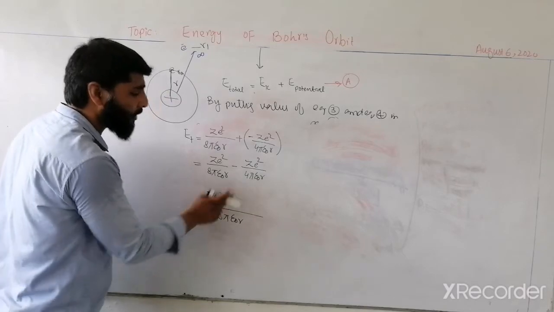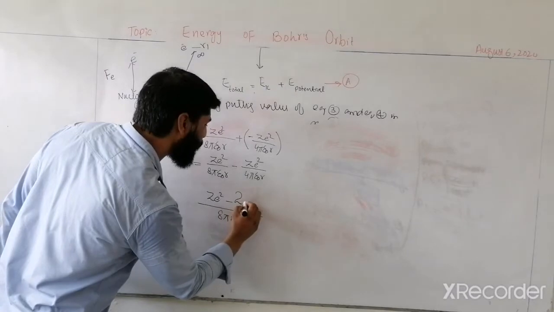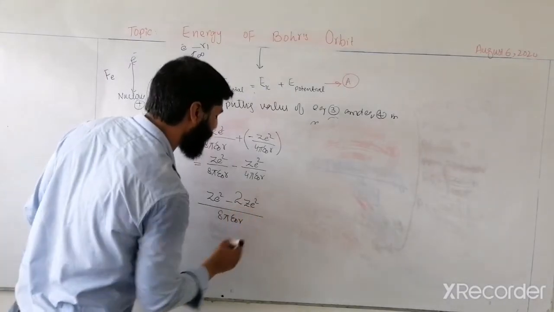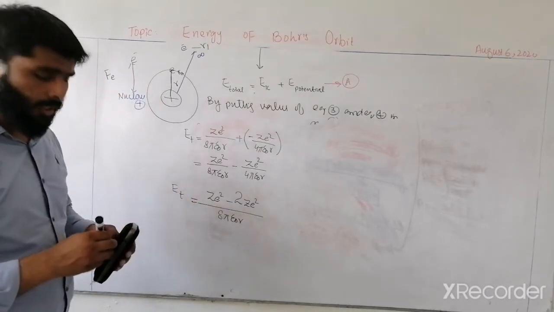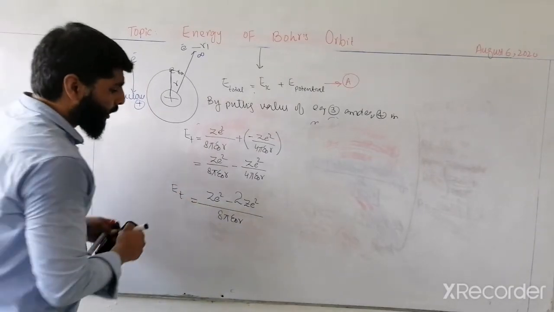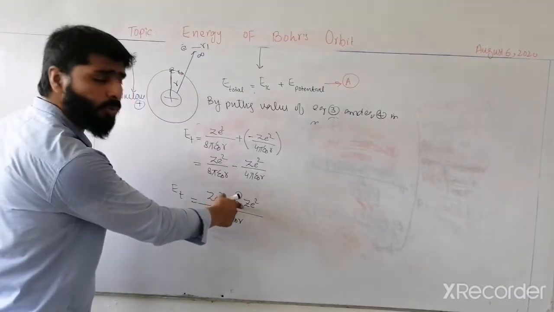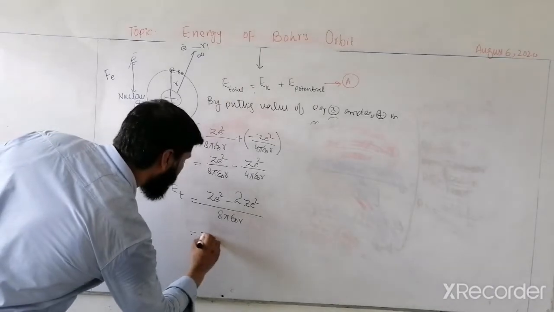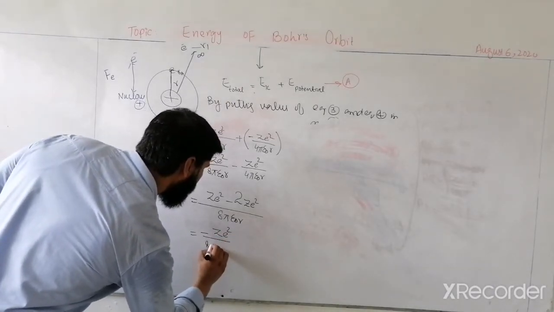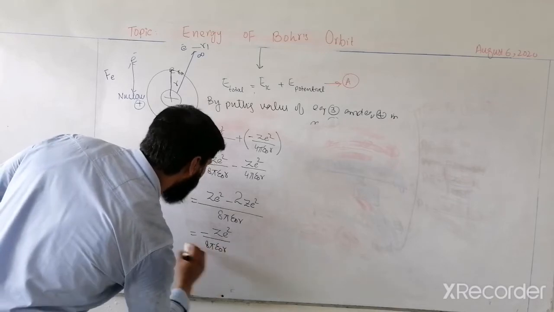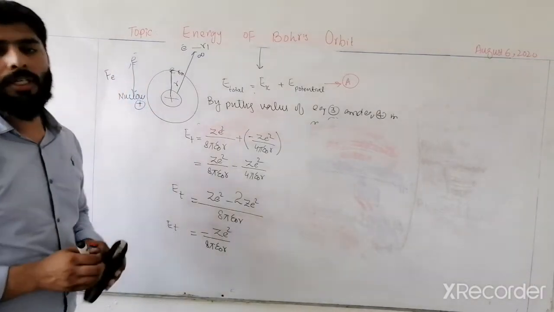By dividing 8 by 4, we get 2, and multiplying by 2 here we get 2 Z E square. This equals E, the total energy of the revolving electron. Upon simplifying, Z E square minus 2 Z E square becomes minus Z E square divided by 8 pi epsilon naught R. This is the total energy of the revolving electron.